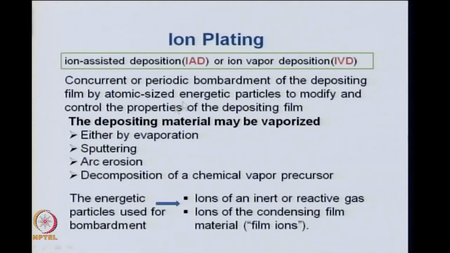So, you can first vaporize the depositing material by any of the methods which we discussed earlier. You can vaporize the material that you want to deposit by evaporation or sputtering or by arc erosion or by CVD, by any of these or decomposition of a chemical vapor precursor.